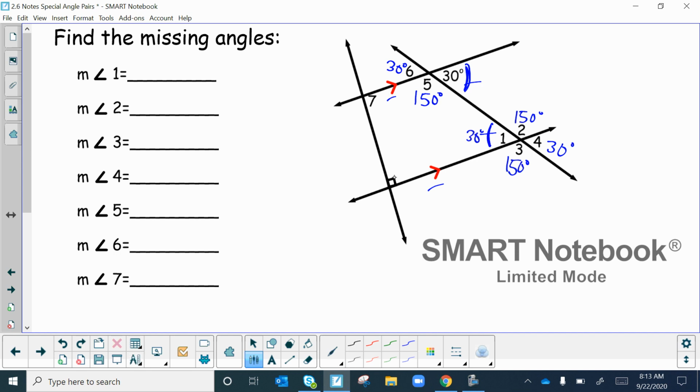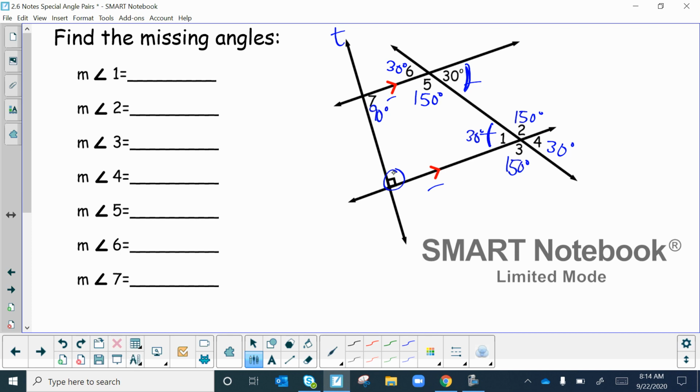And then over here, we have a 90-degree angle. And then this is a different type of transversal over here. So don't think, oh, if this is 30, it's alternate interior with 7, so that's 30. Incorrect, because these two lines right here are not parallel. It's the two red markings. And so if this is 90, then that has to be 90 because same side interior angles add up to 180.